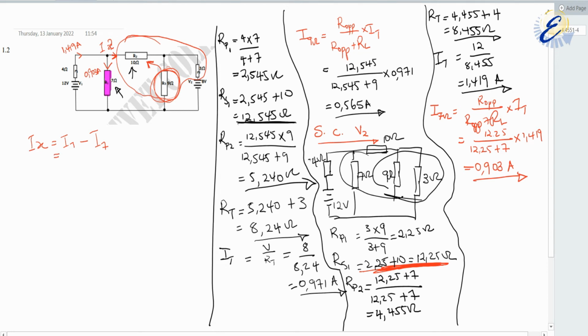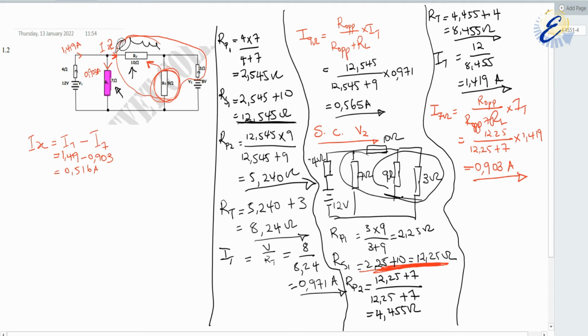This would be 1.419 minus 0.903. This would give us 0.516 amperes. So this is the current that flows in this direction.